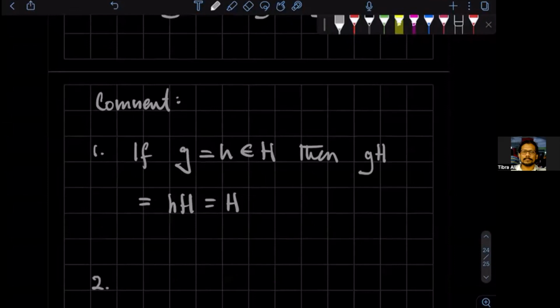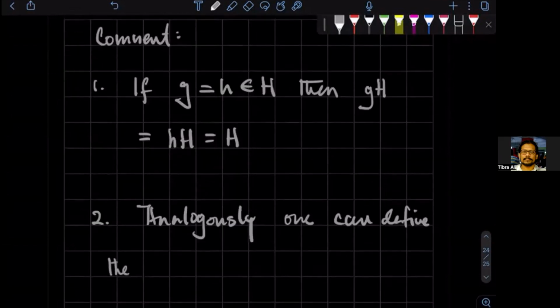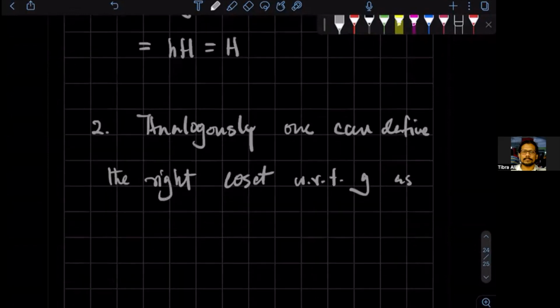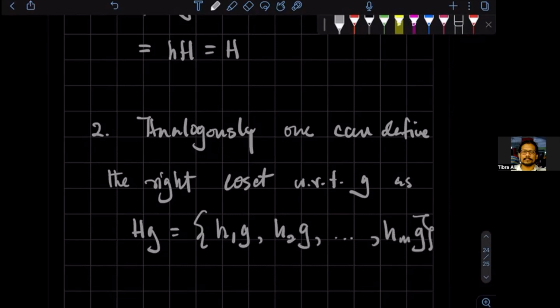Number two is that analogously, one can define the right coset as Hg: H1g, H2g, up to Hmg.